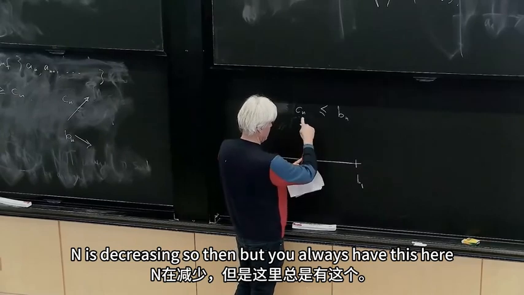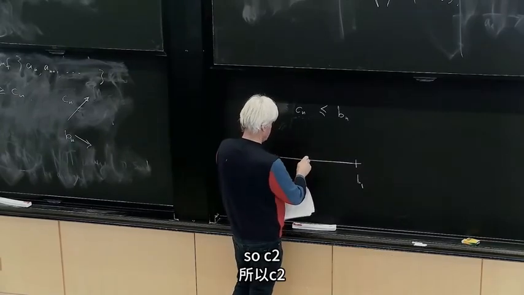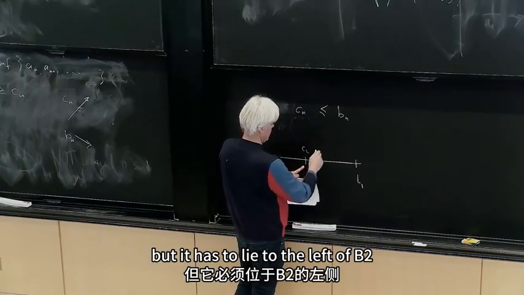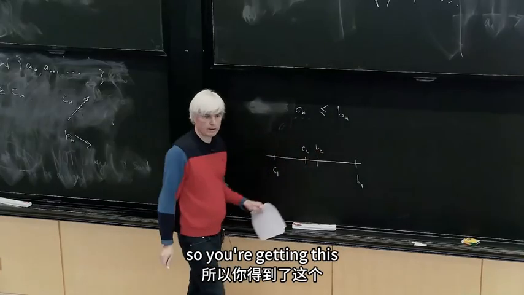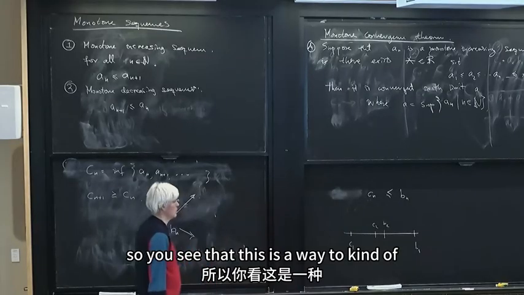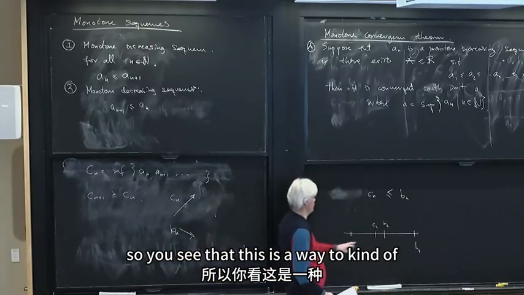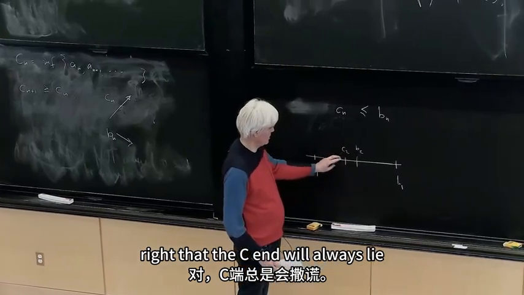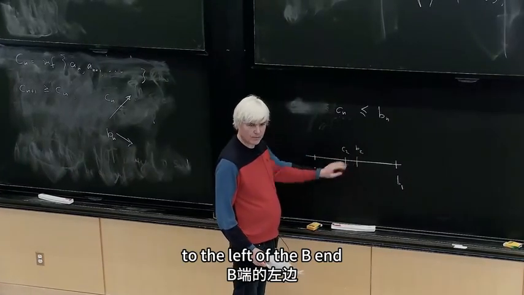But you always have this here. So C2 has to lie to the right of C1, but it has to lie to the left of B2. So you see that this gives you a way to compare, right, that the Cn will always lie to the left of the Bn's.